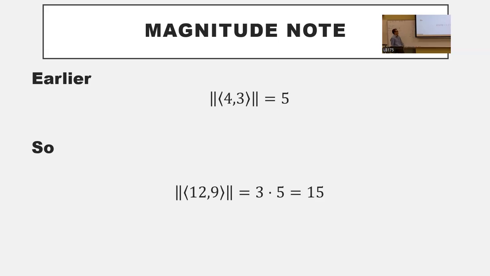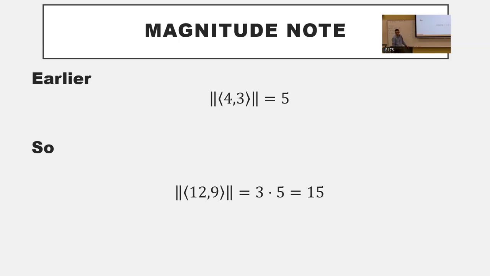So earlier we calculated that the vector 4, 3 had magnitude of 5. If somebody asks me for the magnitude of vector 12, 9, it's going to be 15 because 12, 9 is 3 times the vector 4, 3.